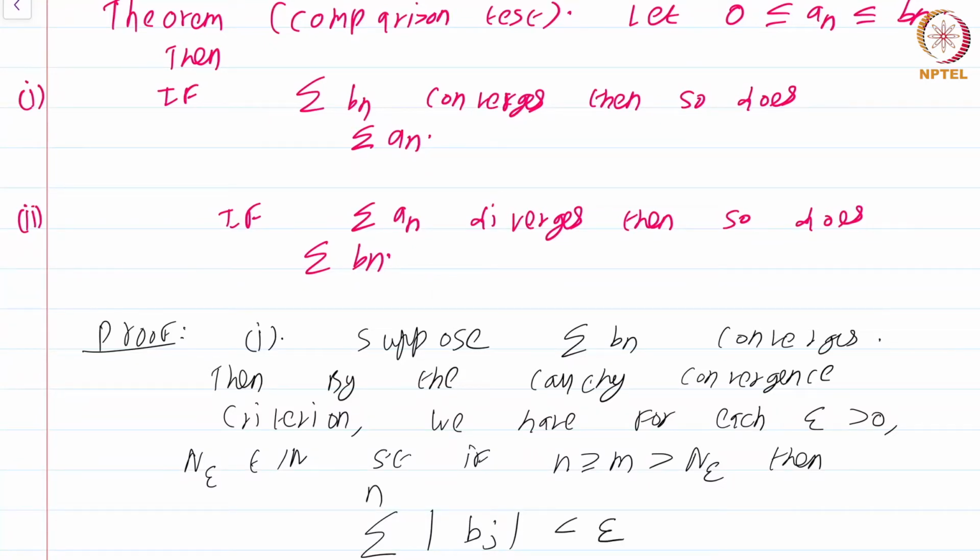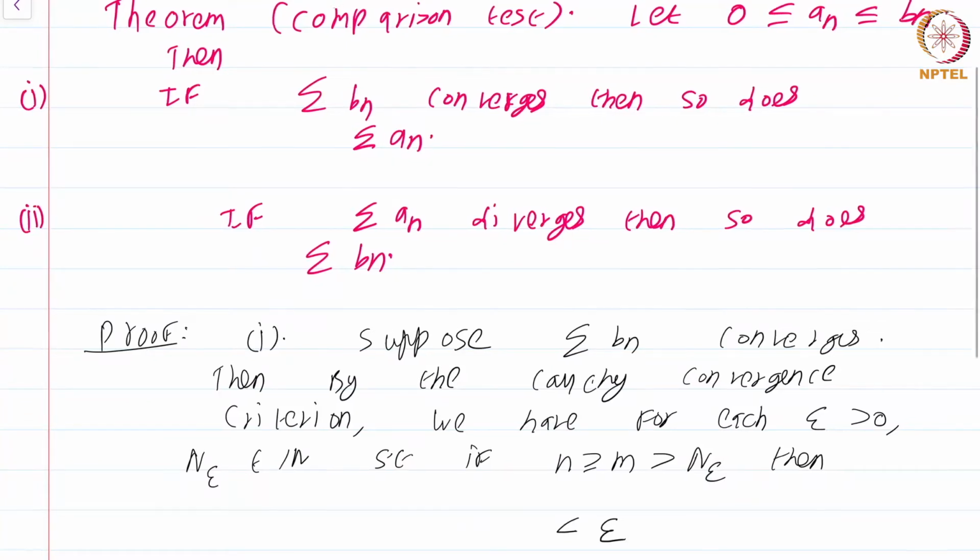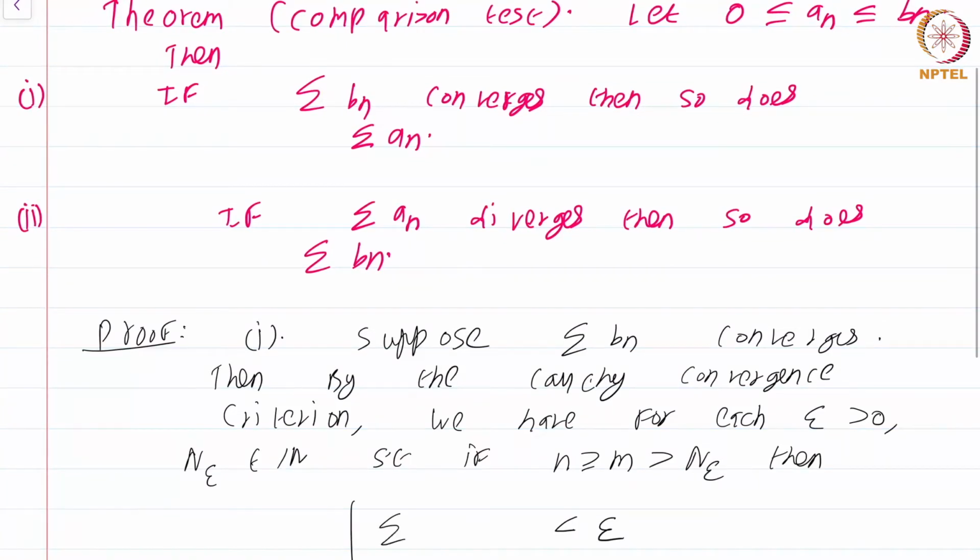Sorry, I made a mistake. The summation should be inside the modulus. So modulus of summation j equals m to n, b_j is less than epsilon.